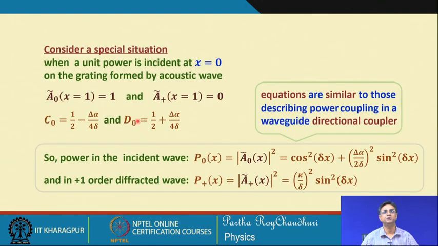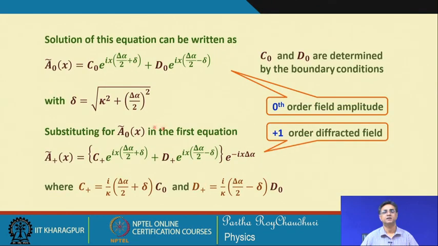Once I use this condition A 0 equal to 1, you can write this power, which is the mod square of the amplitude. You can see this is a sine square, cosine square variation of the phase, that is delta x. Delta is also a representative of kappa, kappa gets into delta.